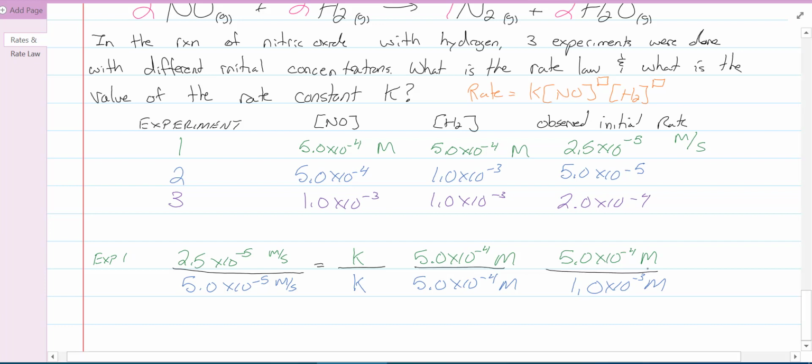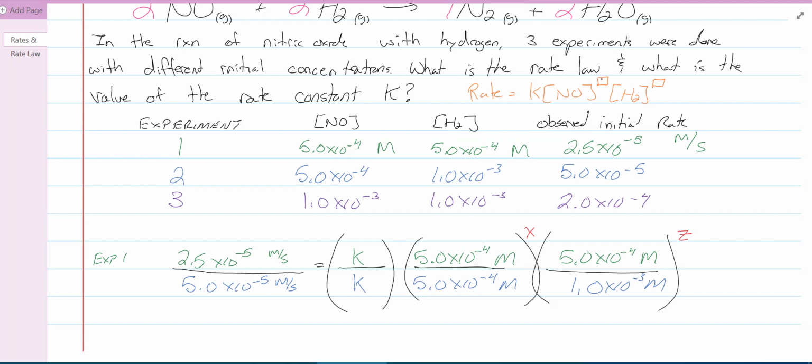All right, so let's just call it X and Z because my Y's look the same. Sometimes you'll see it M and N, P and Q. It doesn't matter, alpha, beta, I don't care what you use. All right, so I have X here and Z there.